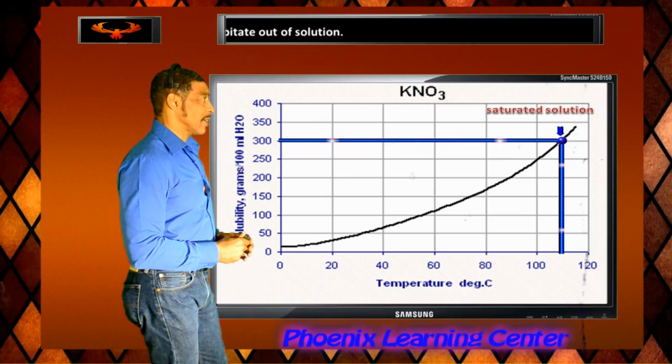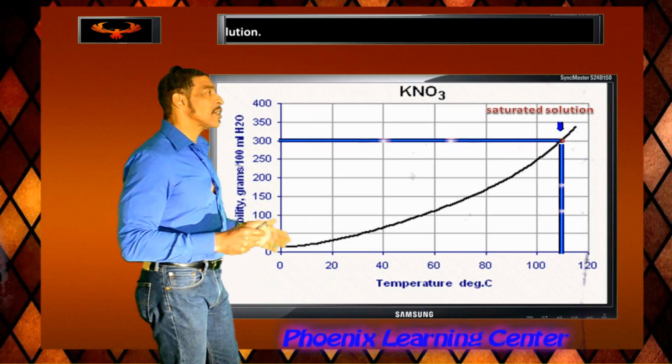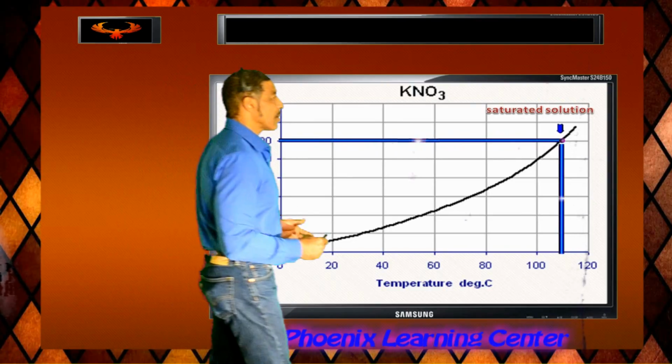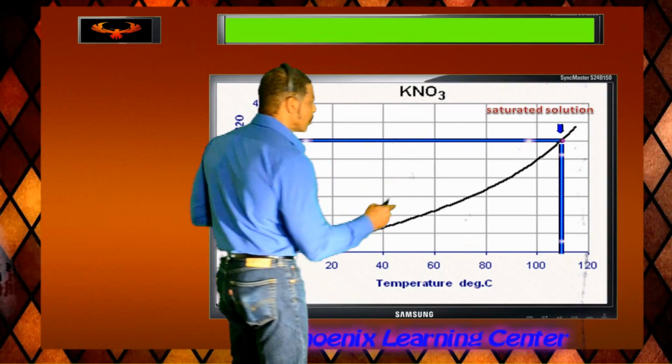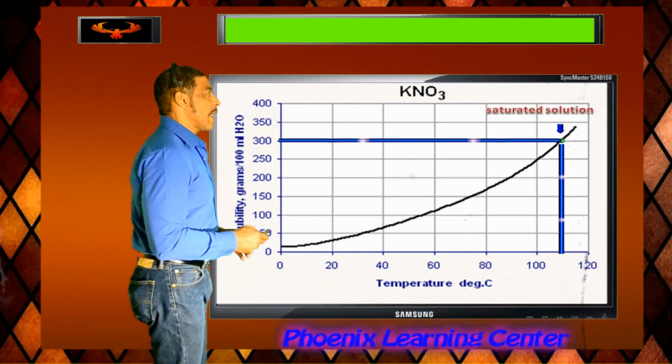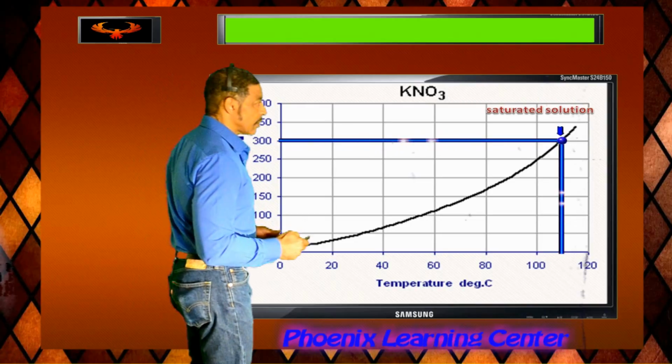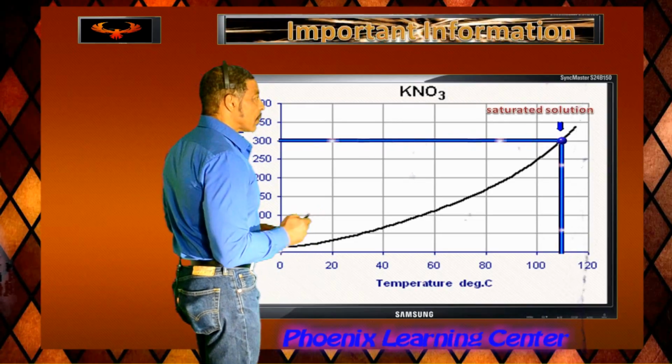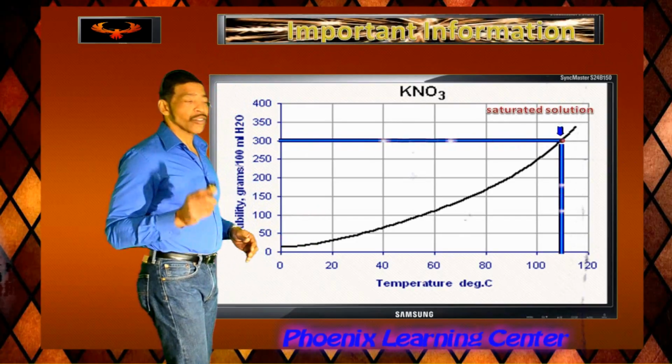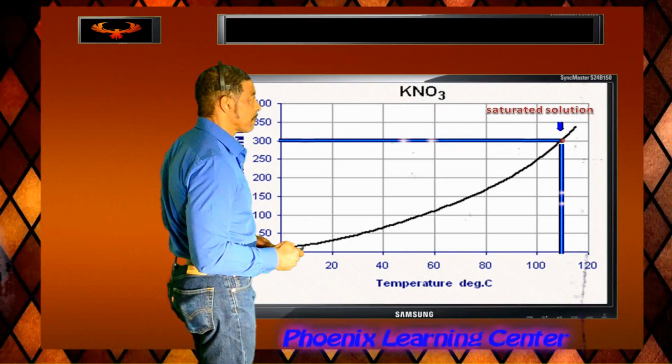When a saturated solution has been slowly cooled such that the dissolved salt remains in solution above the amount for a given temperature, the resulting solution is called a supersaturated solution.